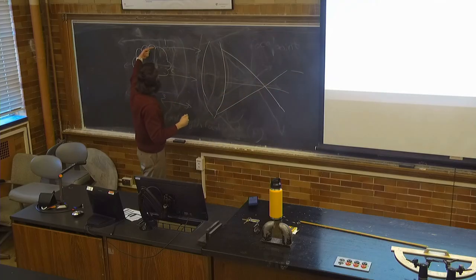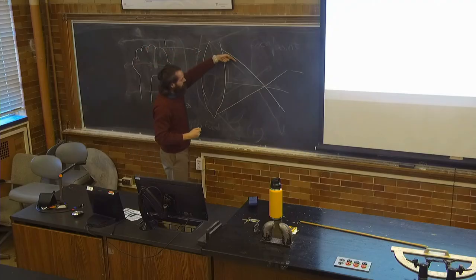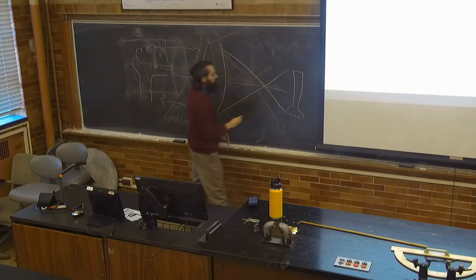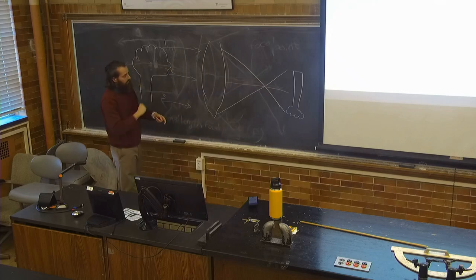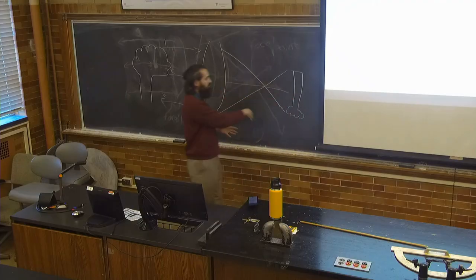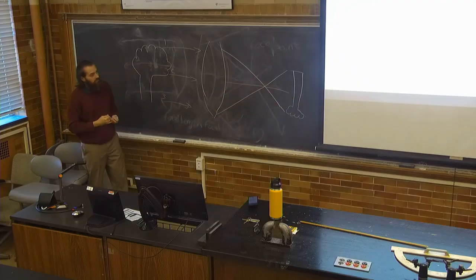And then if we trace ray 1, that would end up at the bottom of your image. So if you're past the focal point of your lens, you would actually see an upside down image.